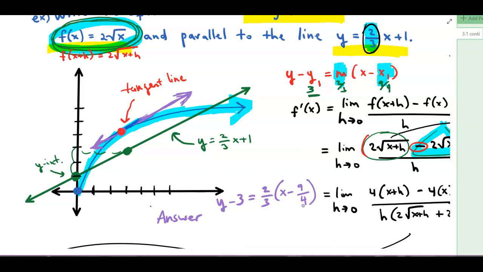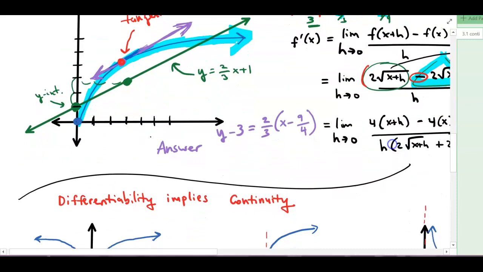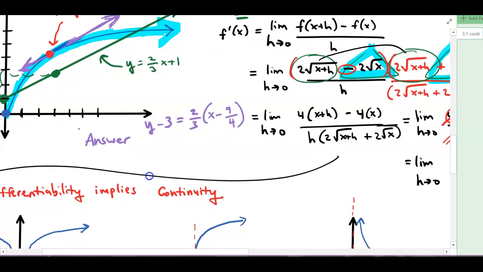Alright, so that's the equation of a line. Side note here, you should be able to simplify that. And so if I were to maybe do this very quickly for you guys, I could say 2/3 times x is 2/3 x. Multiplying fraction with fraction, you get negative 18 over 12.